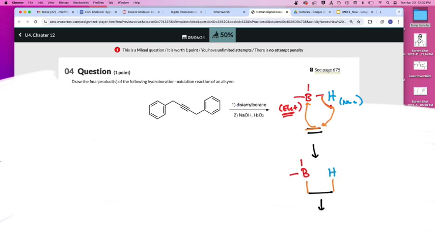Our last step involves sodium hydroxide and peroxide, and ultimately that's there just to get rid of the boron. You do not want the mechanism. So the end result is that we add H and OH across the pi bond. In that end result, it is a syn addition. We add the hydrogen and the OH to the same side of that pi bond.